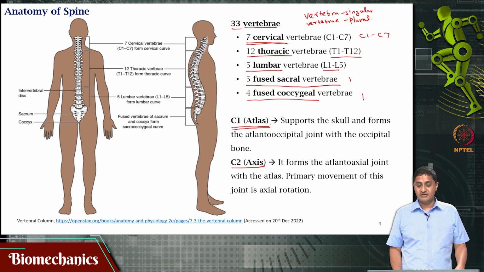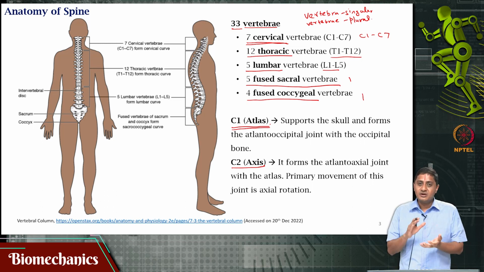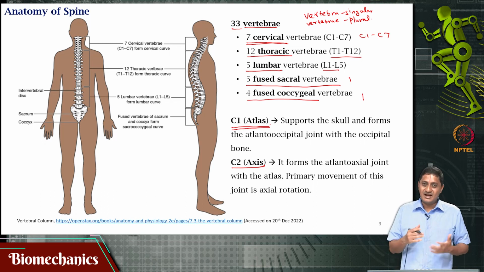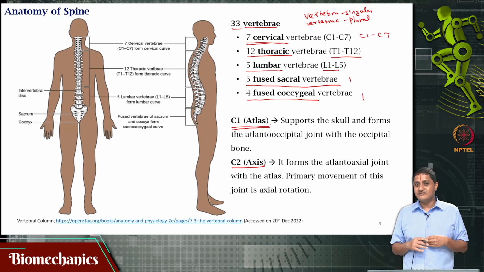What is the function of the atlas? It provides a space for the head, or the occipital bone, to rest. We already said what the purpose of the vertebral column is: to support the head.